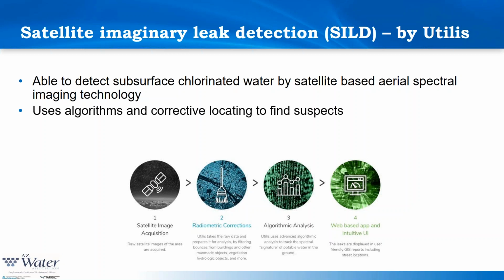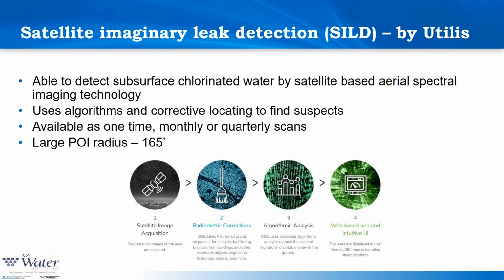It has corrective algorithms to locate and find suspects, and you can get a one-time scan, monthly, or quarterly. It does have a large POI radius, point of interest radius, of about 165, so it's more of a gross swipe of the area to see where these potential leaks are, whereas the Ecologic system is more pinpointed between two hydrants on a barrel of pipe.